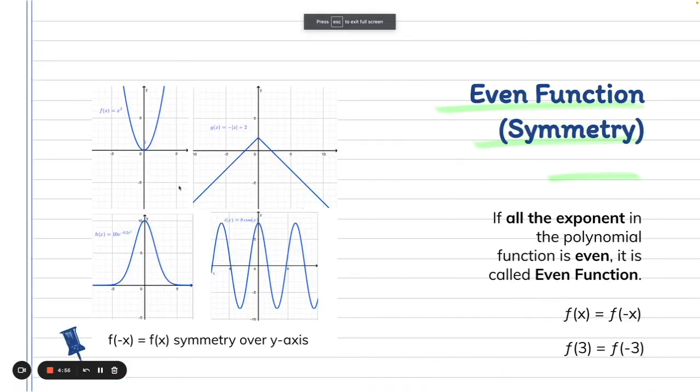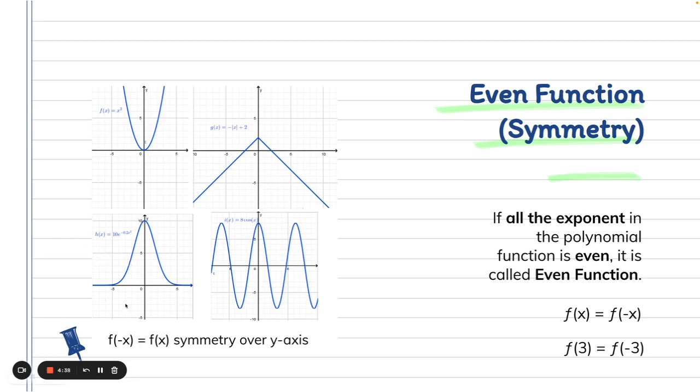Symmetry. There are two types of symmetry, even function symmetry and odd function symmetry. For even function symmetry, if all the exponents in the polynomial function are even numbers, it is called an even function.